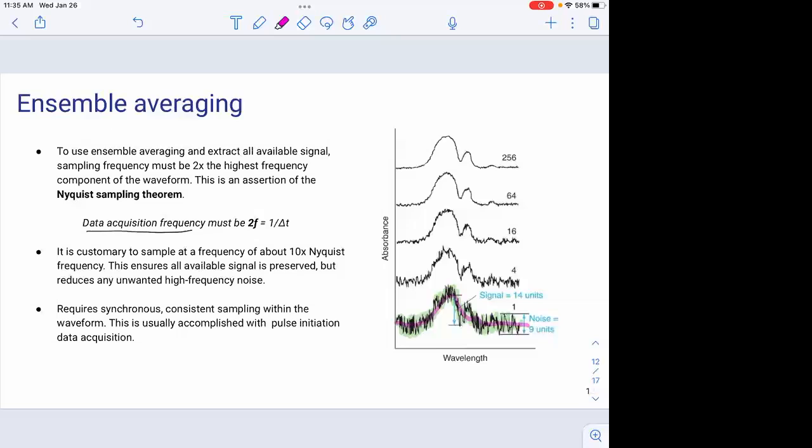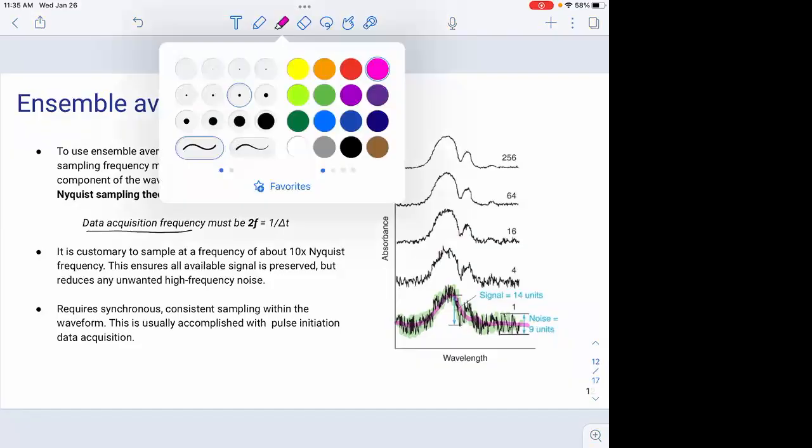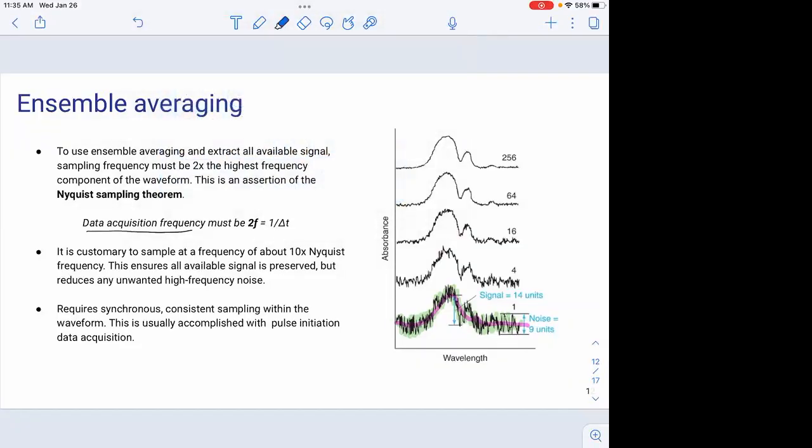If you weren't sampling quickly enough, you could potentially see, let's go with something different, okay, blue. If you were only sampling here, here, here, here, you would not want to ensemble average per se, simply because you wouldn't have any way to know whether this smooth waveform, if I connect my dots, were noise or actual chemical encoding or physical property encoding data, right?